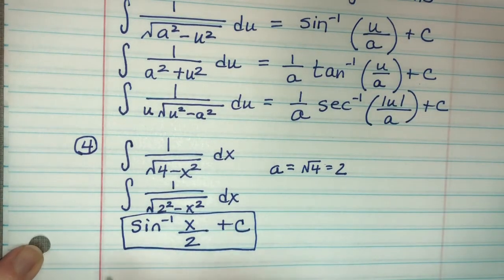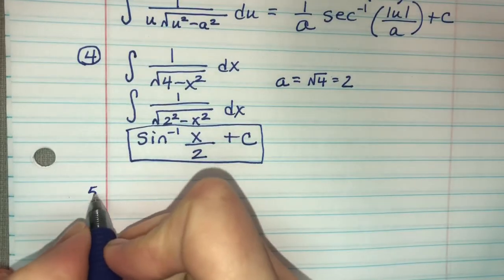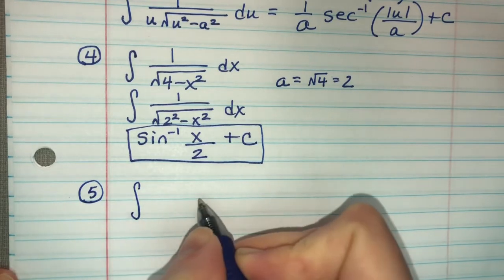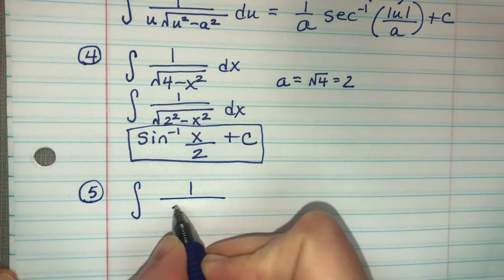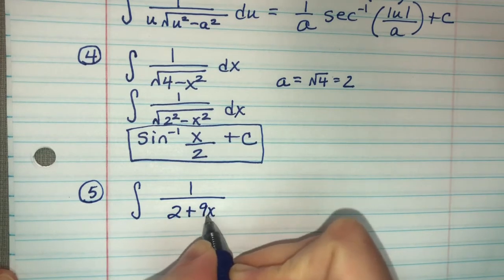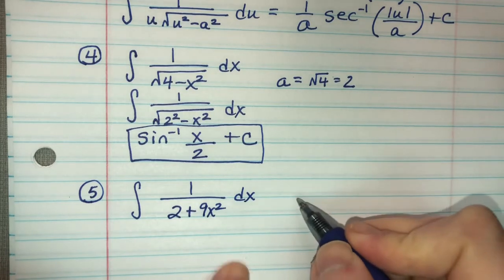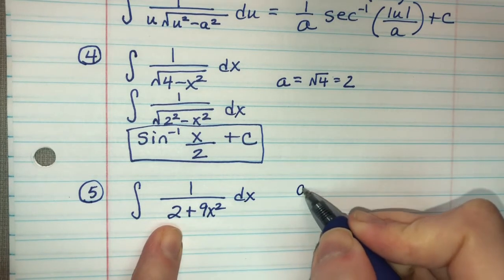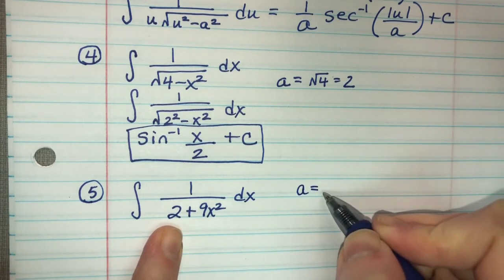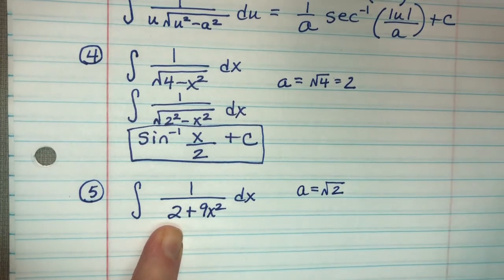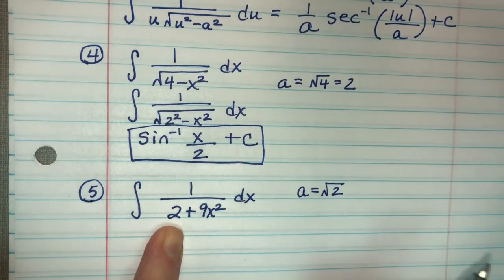All right, next one, number 5. We have the integral of 1 over 2 plus 9x squared dx. So here, our a value is equal to the square root of 2, which is just going to be the square root of 2 because that's not a nice number like the last one was.